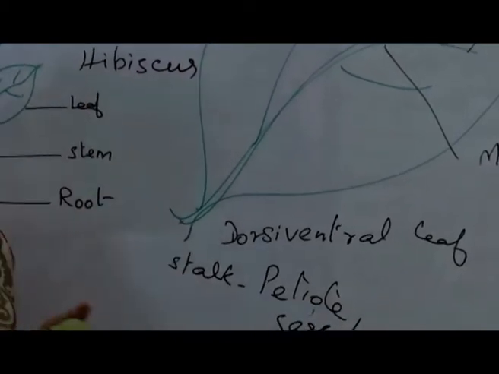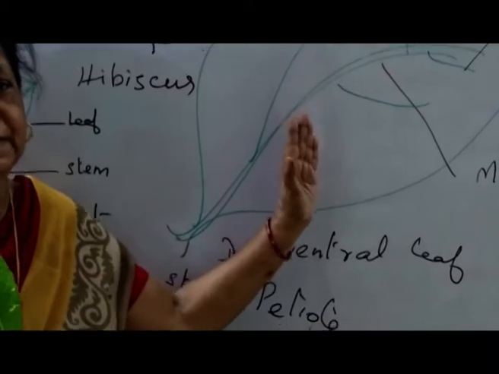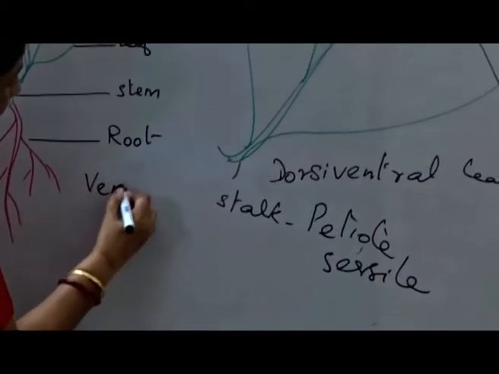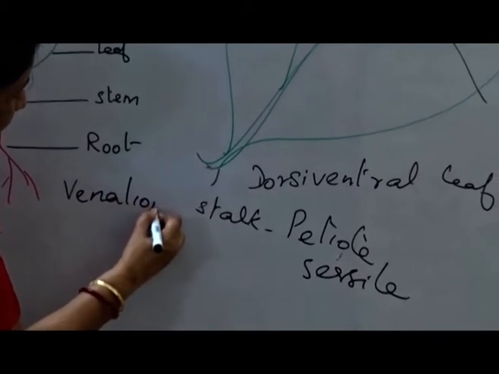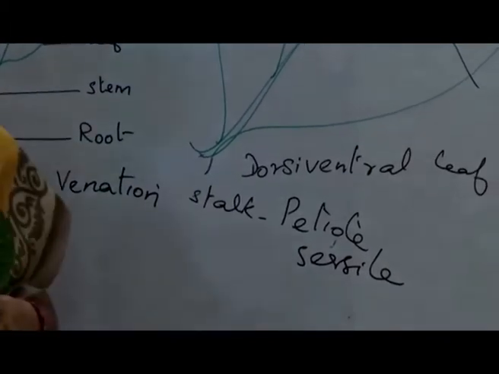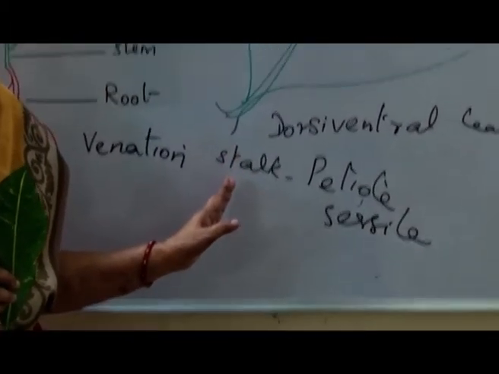And the entire leaf is covered by numerous veins. And this arrangement of veins on the leaf is called venation.